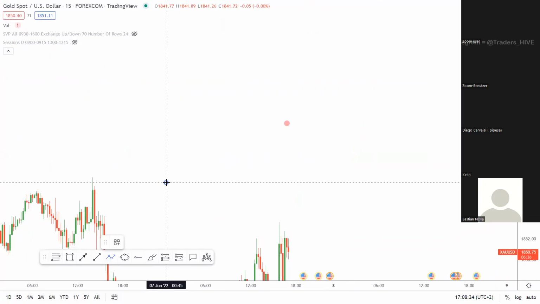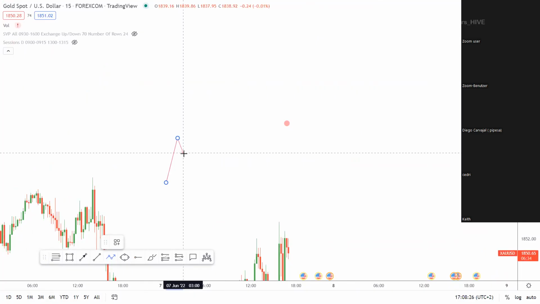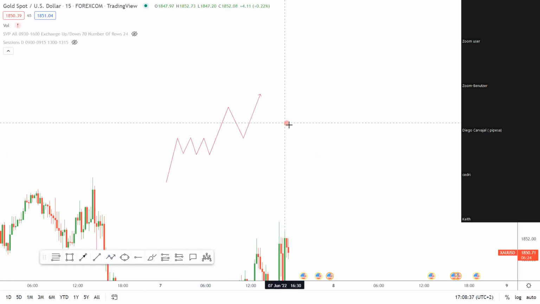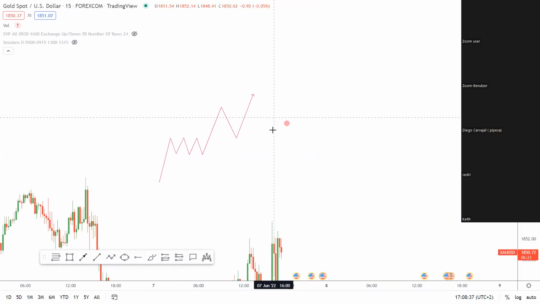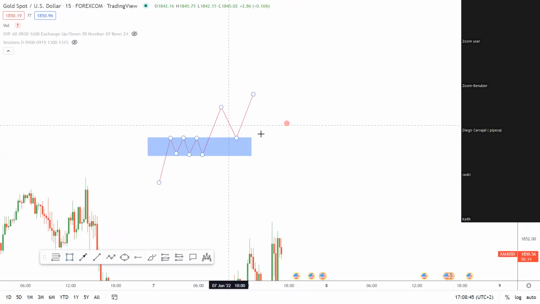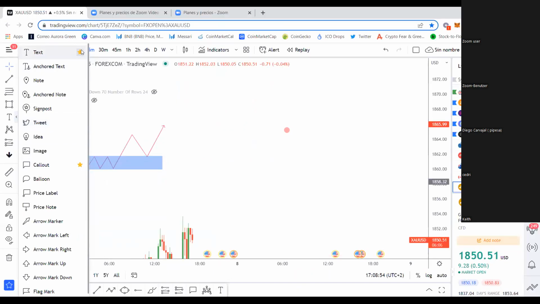So we want to look at a rally base rally. Most of you will already know this, so I will try to go fast through this first part. This is the first demand zone creation scenario. Hold on, let me add the text to my favorites so I don't have to exit.